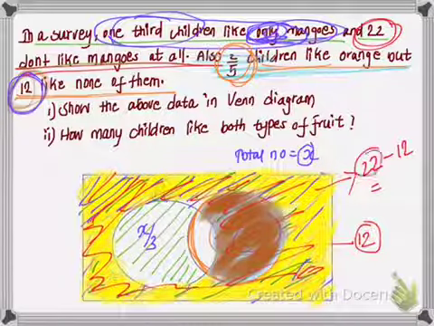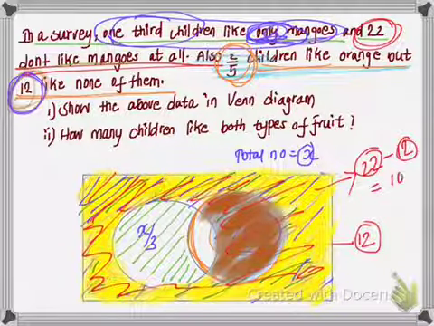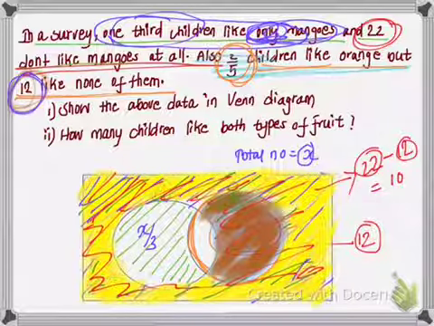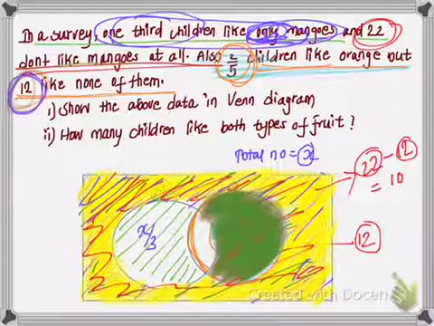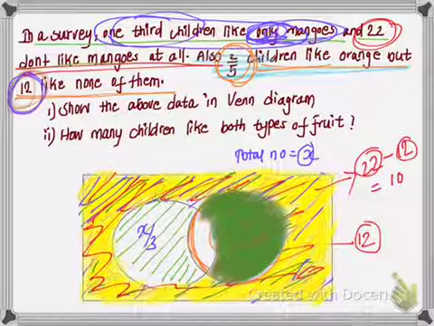So when you subtract 12 from 22, we get 10, and 10 is the number of students who like only orange. So this region is equal to 10.